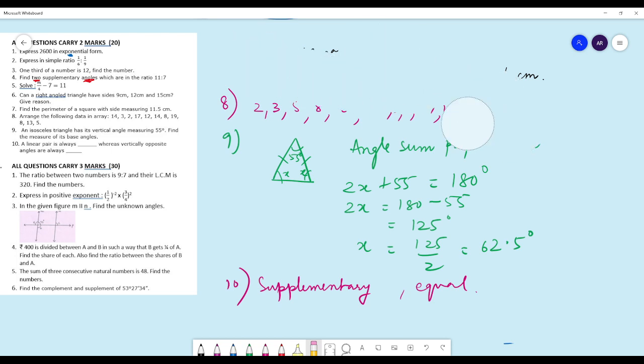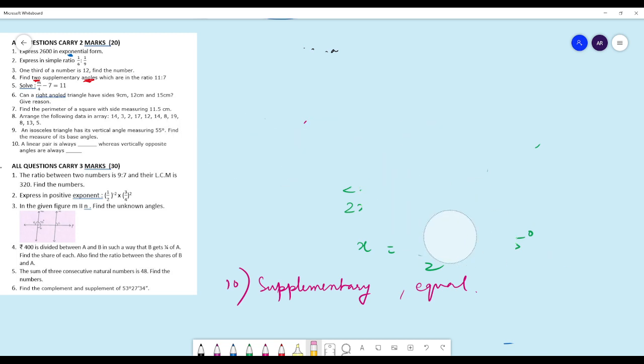Now let us move on to the second part, where all the questions carry 3 marks each. Over here you will see that the questions in section A had straight up formula use, whereas in the second part you will find that there are questions where you will need to show some working.